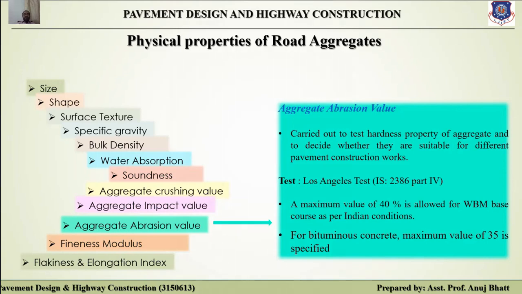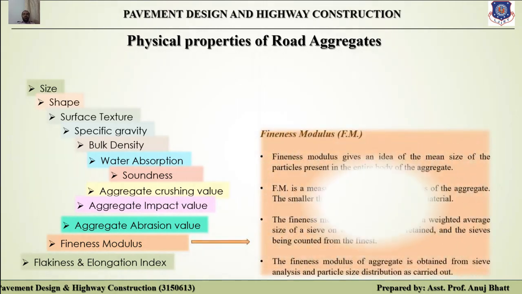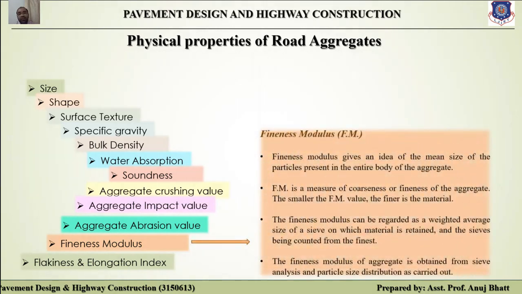Next property is fineness modulus. Fineness modulus gives a rough idea of the mean size of the particles present in the entire body of the aggregate. It measures the coarseness or the fineness. Coarseness means bigger size of aggregates, and fineness means smaller particles of aggregates.